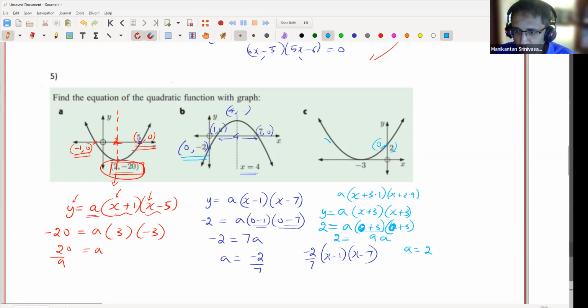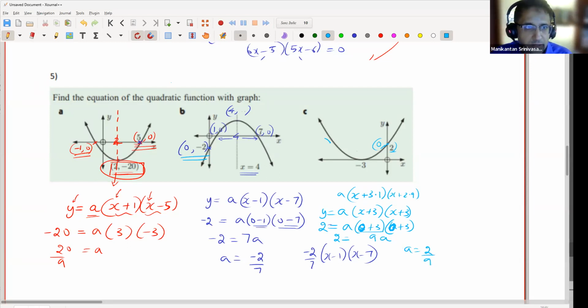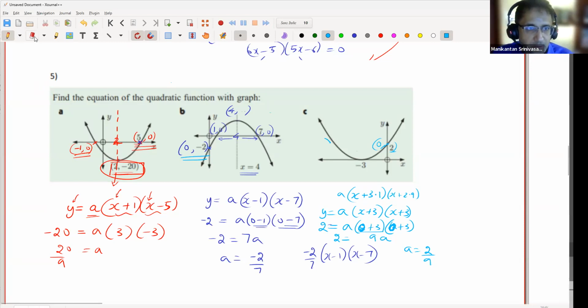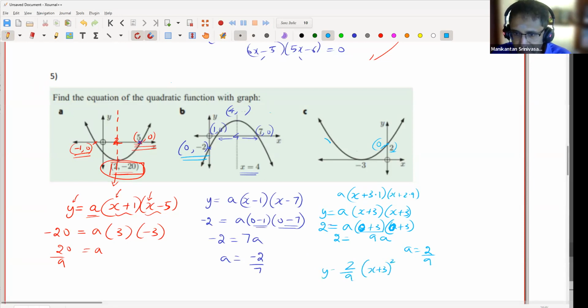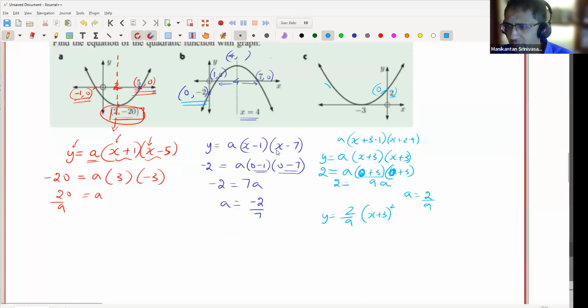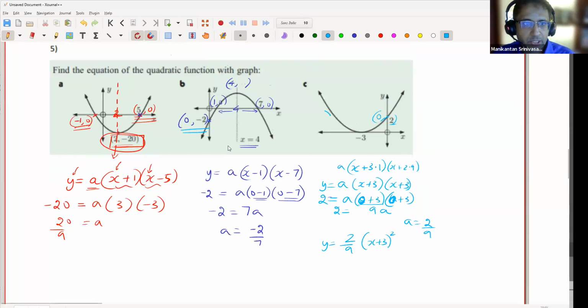Therefore, a is 2 by 9, positive in this case. I don't want to confuse with the previous answer, that is for the previous problem. So a is 2 by 9. And therefore, the final answer is 2 by 9 times x plus 3 whole square, which is a quadratic. Okay, all of you good? Navya? Understood? All of them? Arav? Okay, that was question 5.